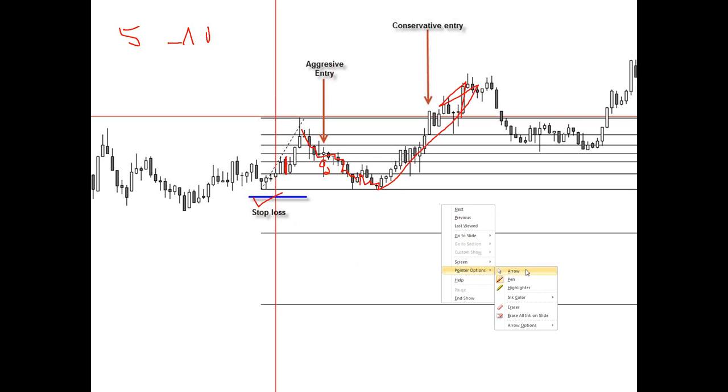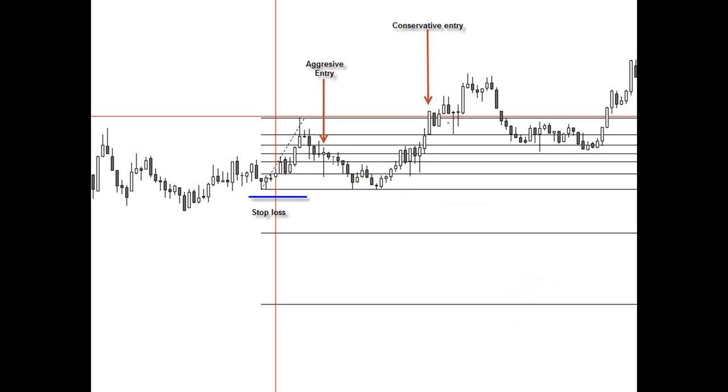And now about the conservative entries. I don't like to do it, just because we can see that this was the high before the retracement, and this was the low before the retracement, okay? So basically we want to see a breakout here or there.